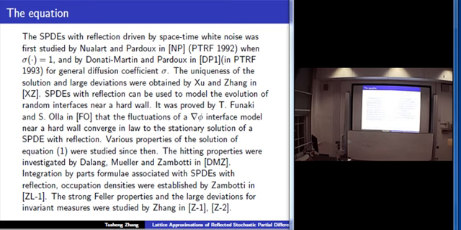The purpose of this talk is to introduce a numerical scheme for this reflected SPDE. But the difficulty is that, first of all, this is a very singular object, space-time white noise. It is not a semimartingale. Because the integral is in space and time, this is a continuous random field, but it's not a semimartingale.